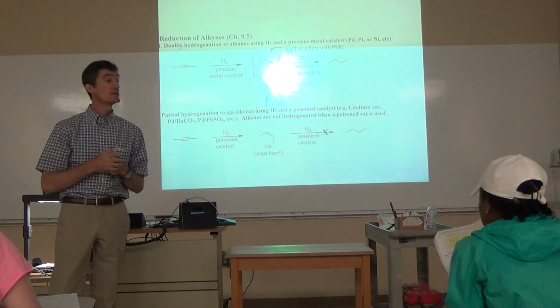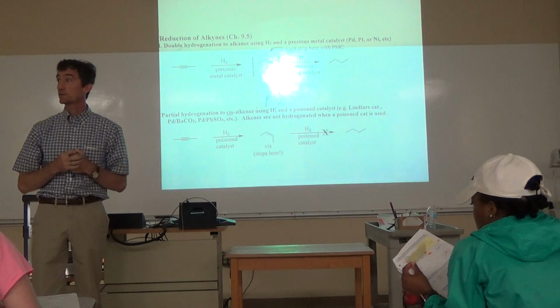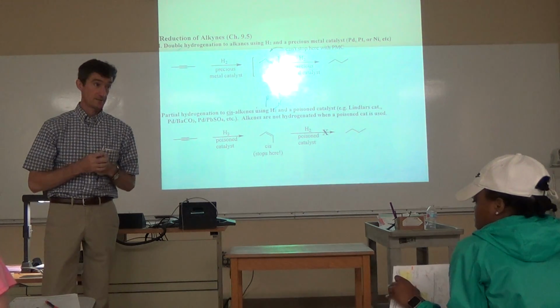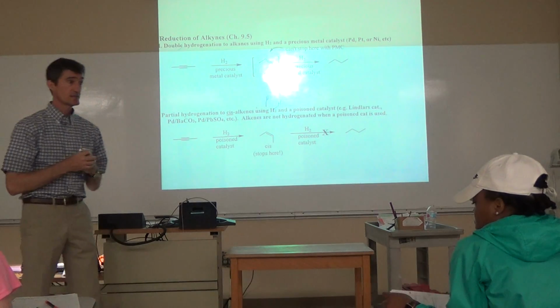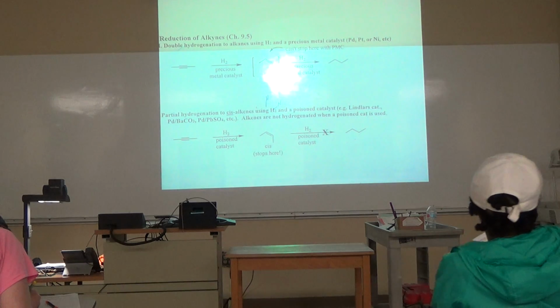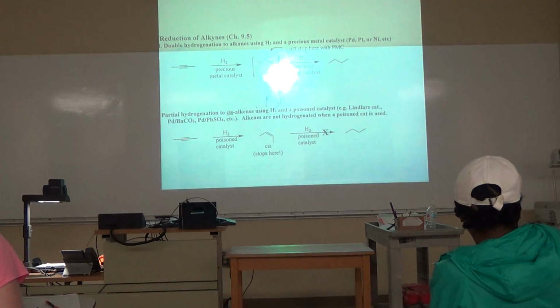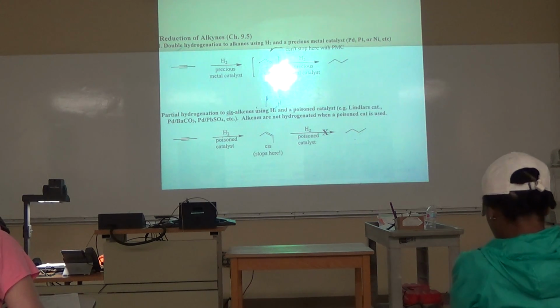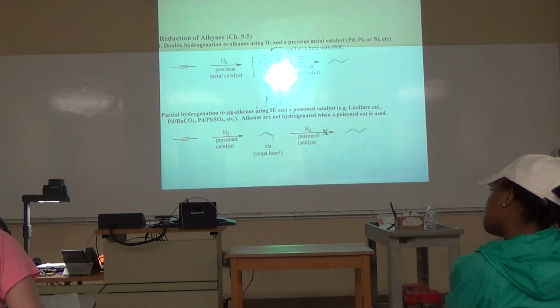Well, not necessarily, I need more information. Poison. Because if it's not poison, you're not going to get an alkene, you're going to get an alkane. So do you know a way to make any alkenes? Yes, you now know how to make a cis alkene by that reaction right there.